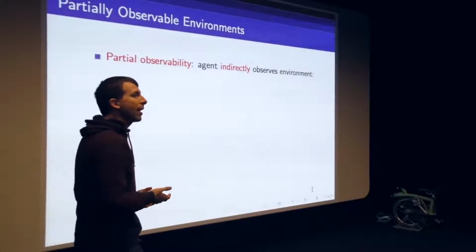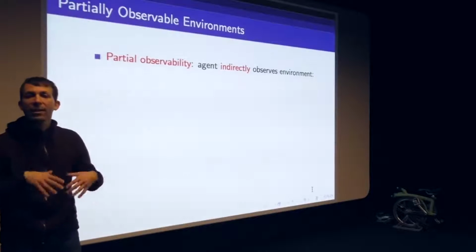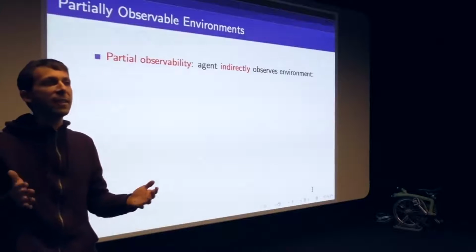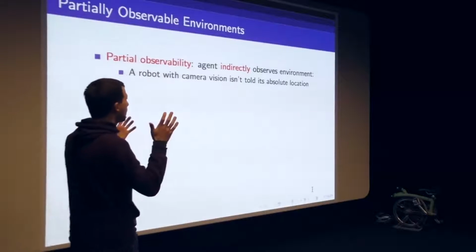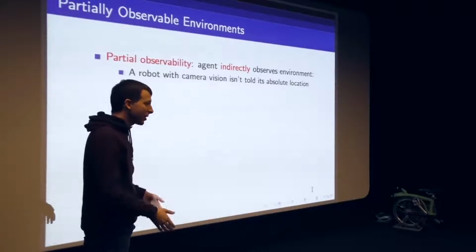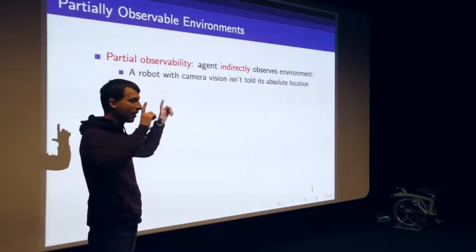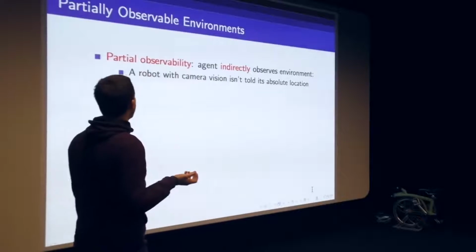So what about the other case? The other case is partially observable environments. So this is where the agent indirectly observes the environment. So it doesn't get to see everything about the environment. So for example, a robot with a camera might not know exactly where it is unless it has a GPS. Maybe it just gets to see this camera stream. It has to figure out for itself where it is within the room. It has to localize.